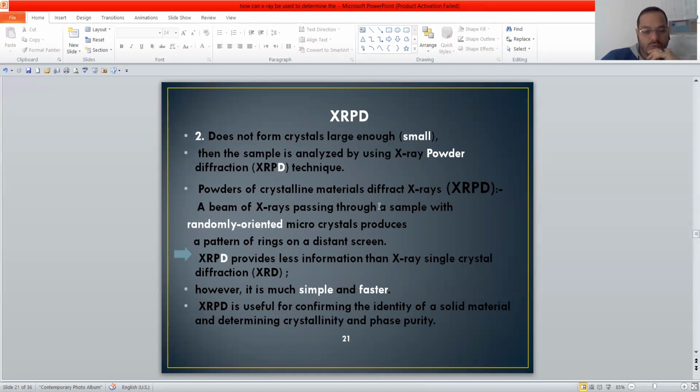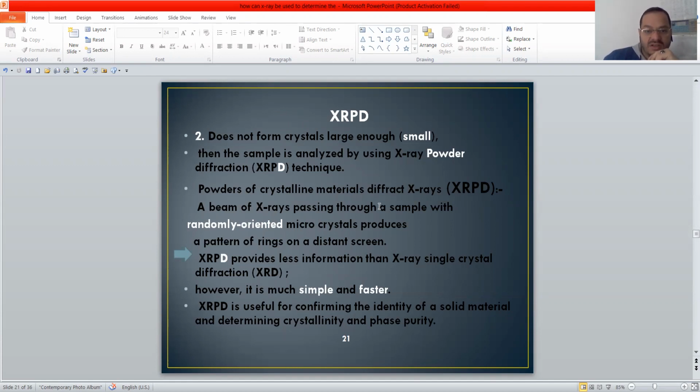What technique will we use? Will we use the same technique or not, and if not, what will the difference be? Then the sample is analyzed by using the X-ray powder diffraction technique.